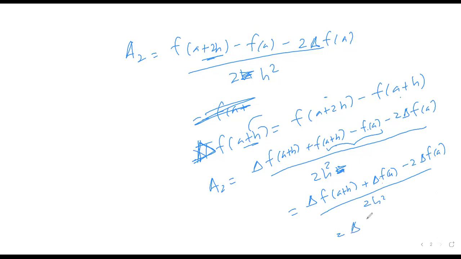So delta f of a plus h minus delta fa, divided by 2h squared. Okay, this is again delta squared fa divided by 2 factorial h squared. Okay, we are making one general idea now. So that's why I take it as 2 factorial. Okay. So is that correct, the way I have written?